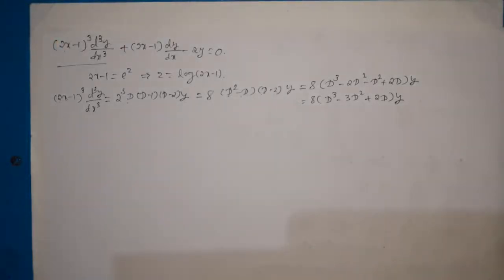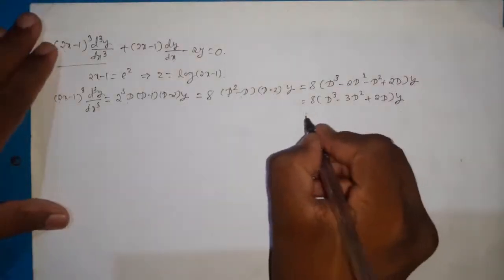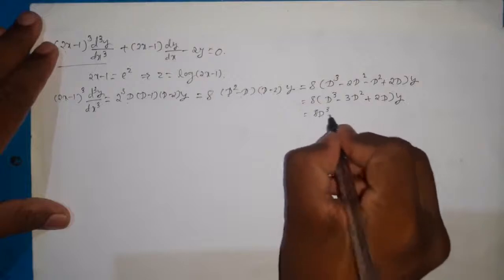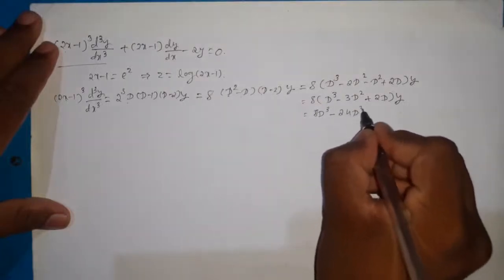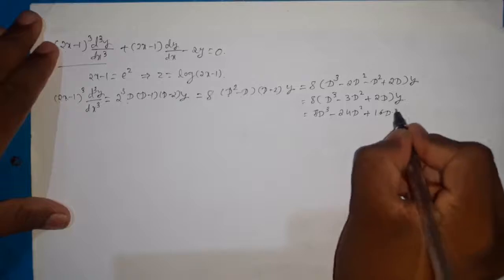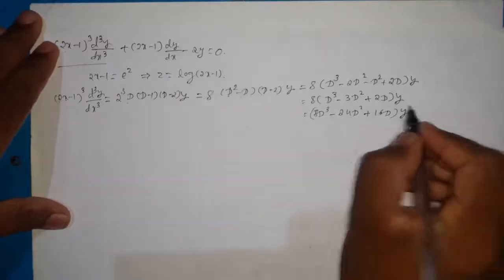So this is the first one. Otherwise simplify this one, that will become 8D cube minus 24D square plus 16D into y, that is the value for first one.